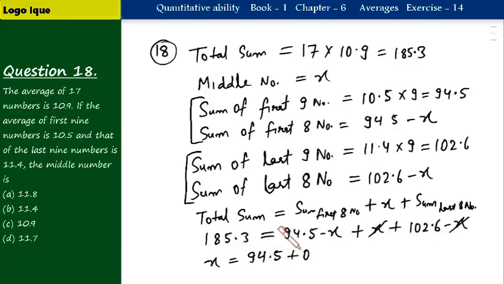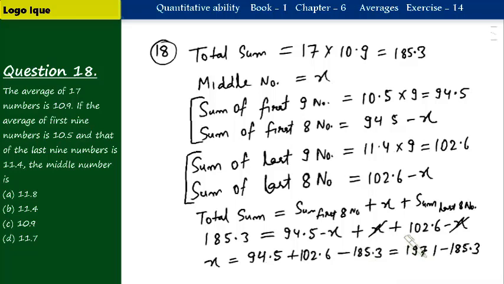94.5 plus 102.6 minus 185.3. So add the first two, you will get 197.1, minus 185.3.